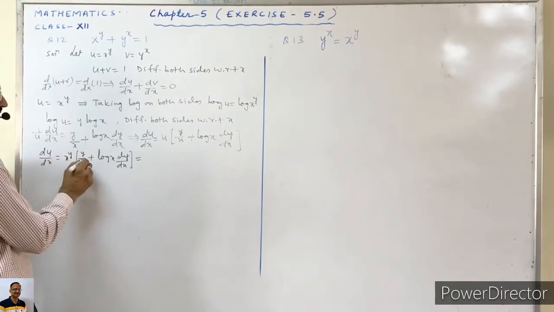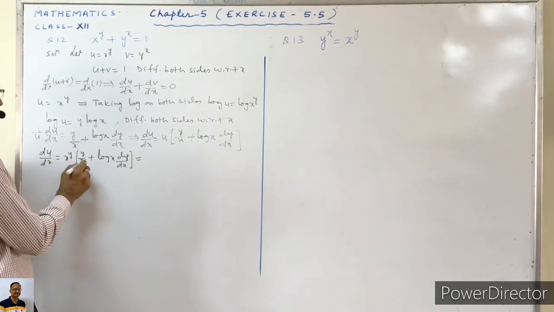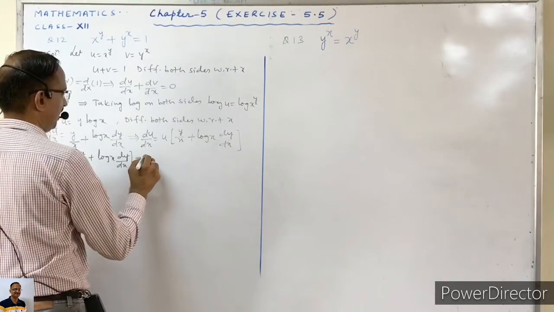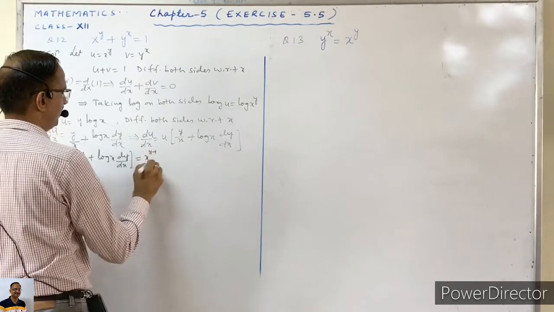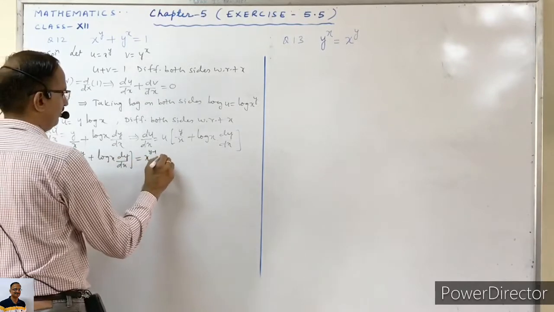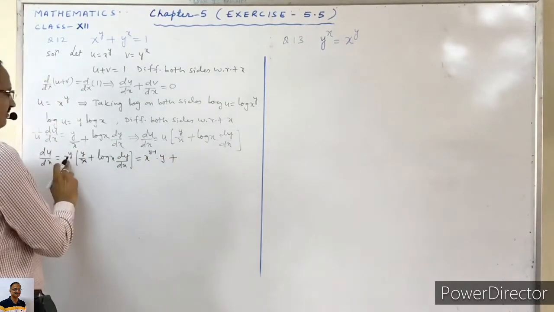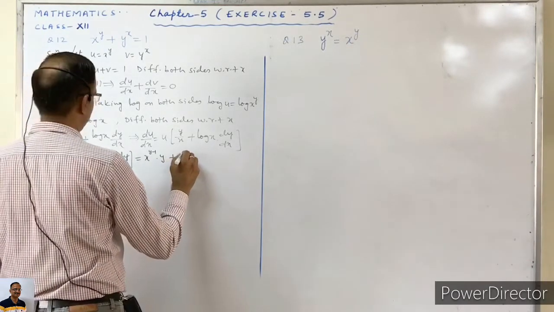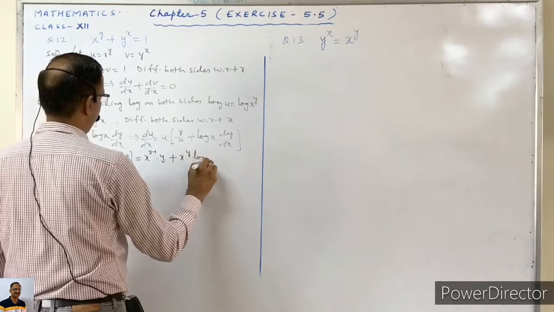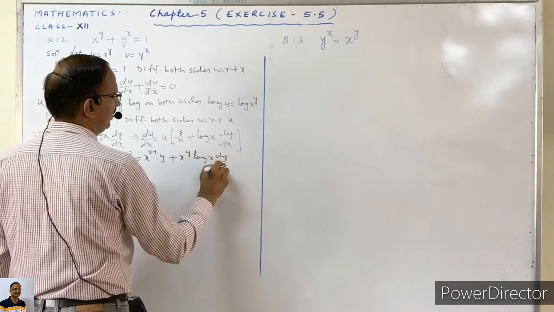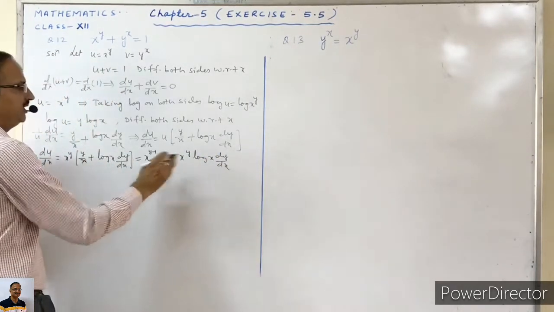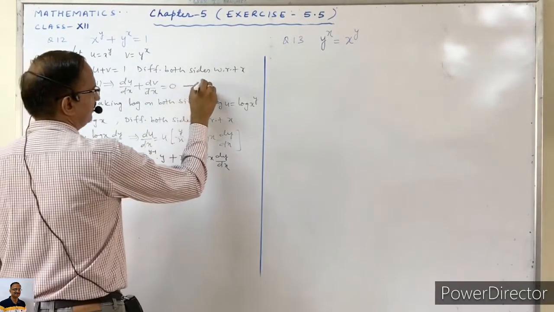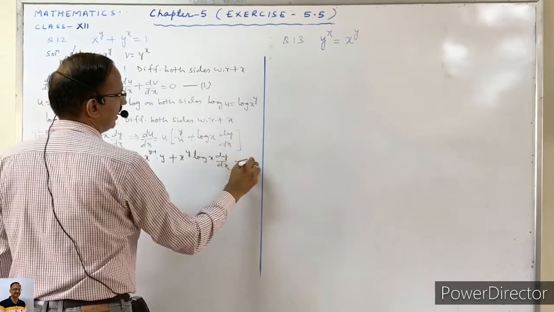Here we have x raised to power 1. So base are same, so powers are subtracted. So we can write this as x raised to power y minus 1 in product y, plus, when we multiply this by the second term, we will get x raised to power y log x dy by dx. So this is the value of du by dx. Suppose this is first, this is second.